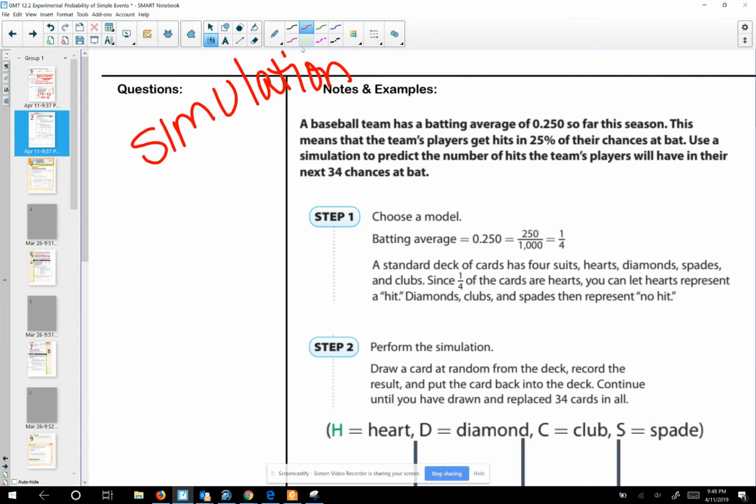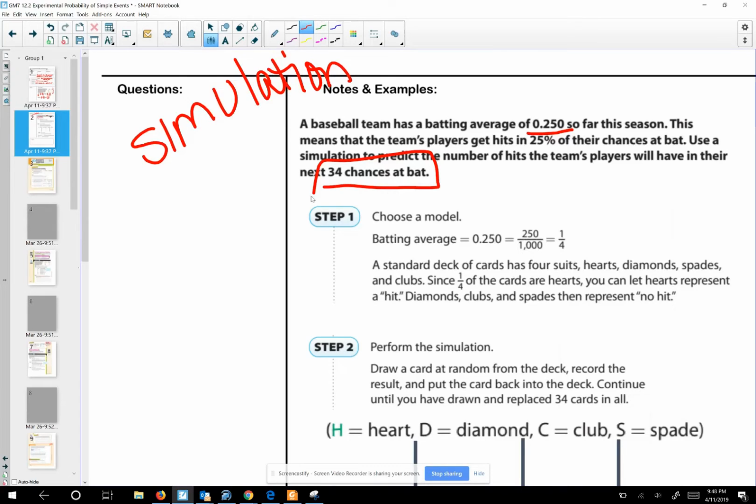Now here's what happens. It says the baseball team has a batting average of .250 so far this season, 250 thousandths. This means that the team's players get hits in 25% of their chances at bat. Use a simulation to predict the number of hits the team's players will have in the next 34 chances at bat. Okay, so here's what we've got to do.